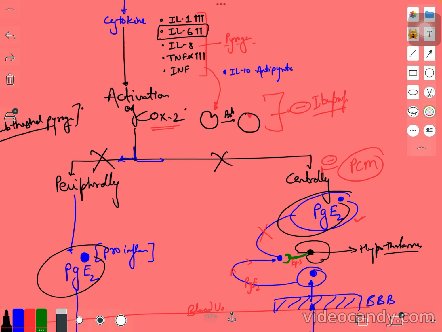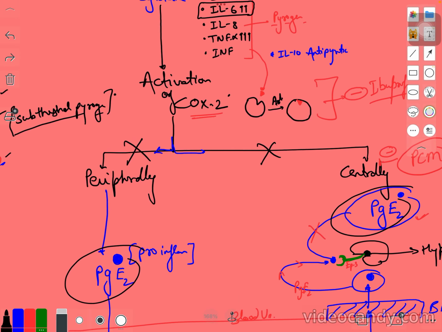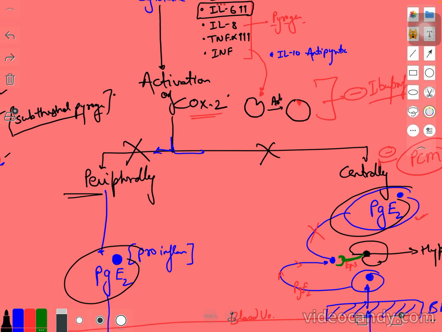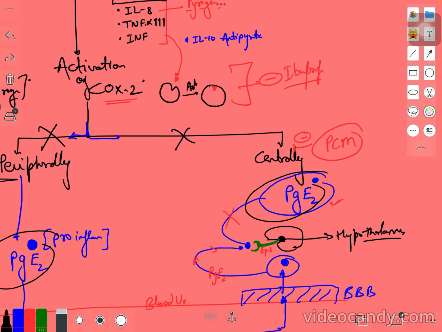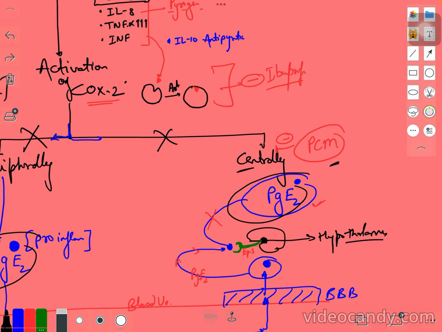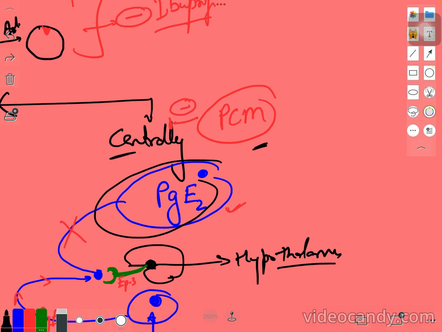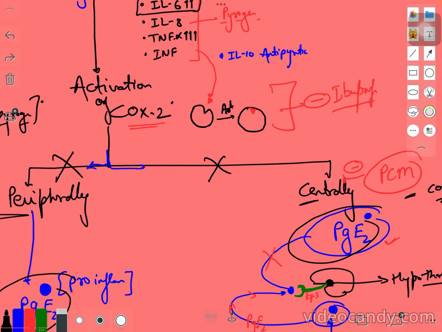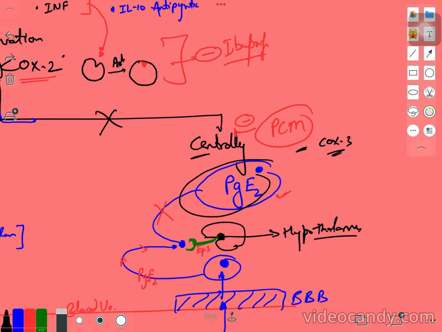So why can't we single-handedly use ibuprofen, right? We can use it, but ibuprofen acts most potently peripherally. So we have to put something in combination, which has to be the paracetamol, right, to take care of the things present centrally, because centrally there's one more hypothetical enzyme which is COX3. Ibuprofen works peripherally better because it decreases both COX1 and COX2.